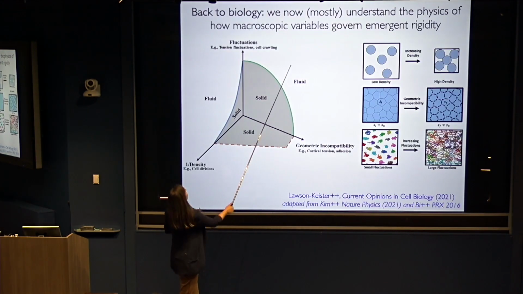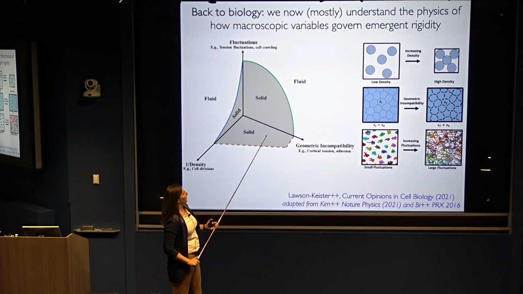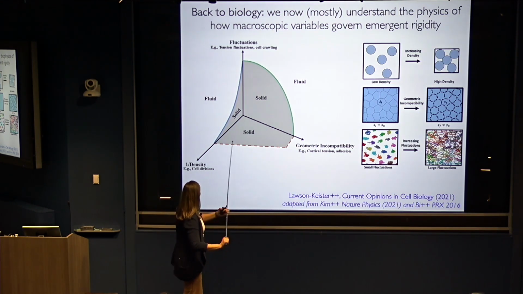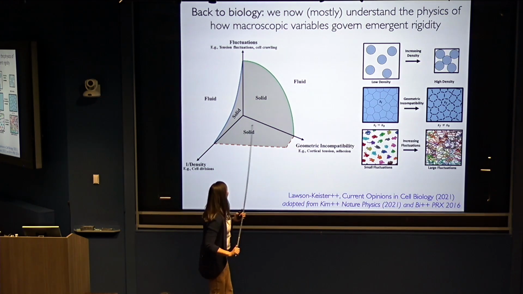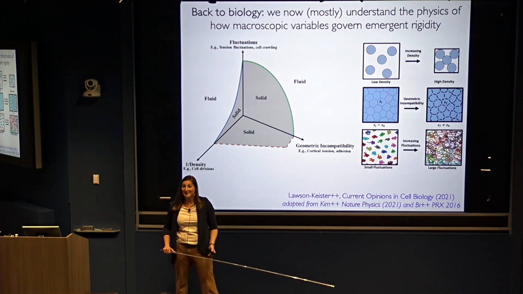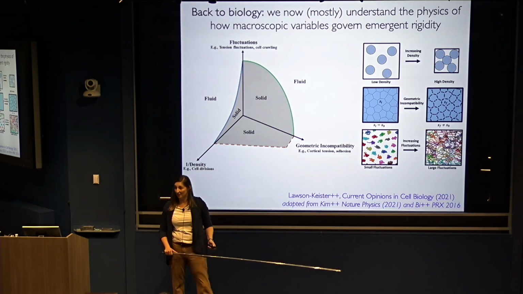Okay, so the conclusion of this part is that we mostly understand now, I would say, the physics of how macroscopic variables like density and cell shape and fluctuations govern emergent rigidity. Okay, so that was a difficult problem, but I think it's largely addressed.